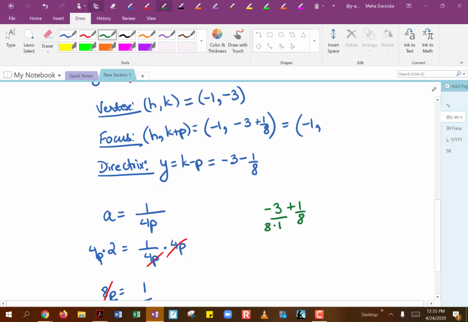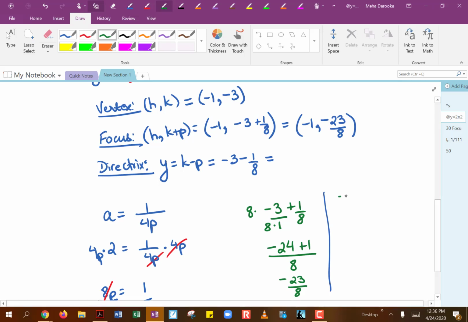We need to find our common denominator. So that's going to be negative 24 plus 1 over 8, which comes out to be negative 23/8. So that's going to be negative 23/8 for our focus.